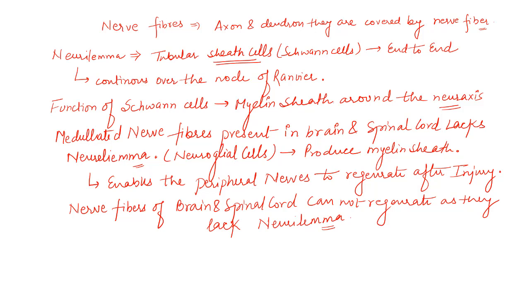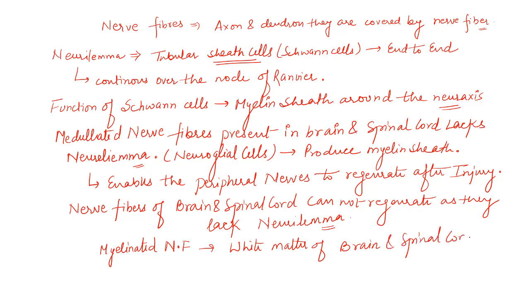The medullated nerve fibers occur in the white matter of the brain and spinal cord, along with cranial and spinal nerves.